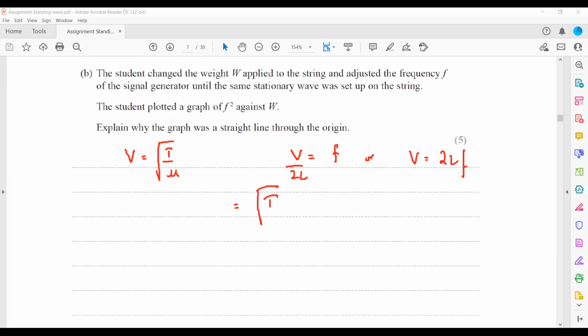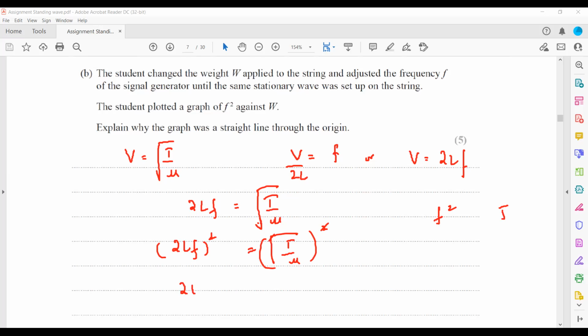So when we compare these two equations, we have 2Lf is equal to under root T divided by mu. But we want to sketch a graph for f square and T. So we should square both sides, because otherwise we don't get a square. So 2Lf whole square is equal to T divided by mu, and root and square cancel.